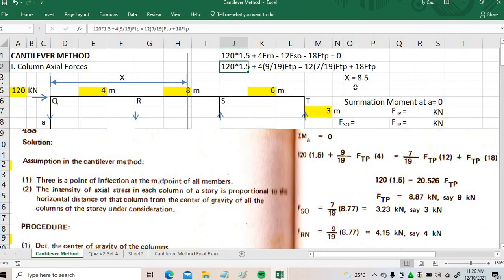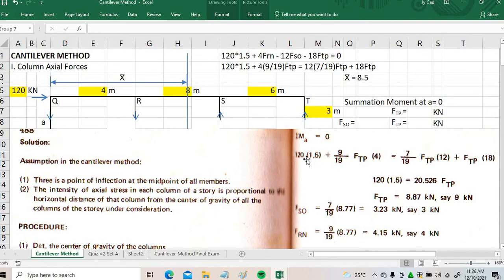Now, you will notice na ang unknown dito ay isa na lang, which is FTP. So, you can easily solve the value of FTP from here. Ito. So, yan yung equation paano nag-arrive dito, no? So, FTP is simply 8.87 kilonewton.